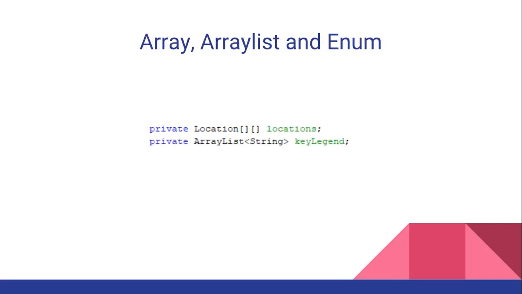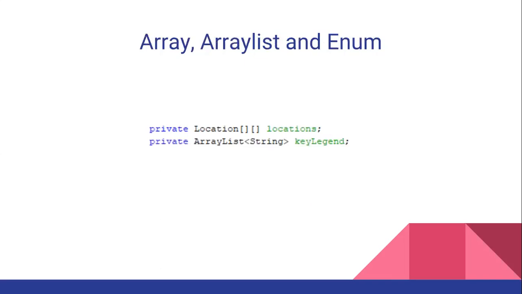If I have a variable of type array, like the location here in the example, I will instantiate it and give a size to each dimension. Once it has a size, I cannot change it. If I want it larger or shorter, I have to copy the whole array to another array with the other size.